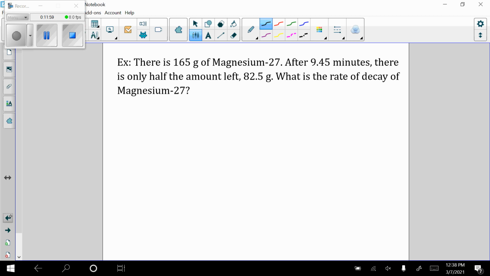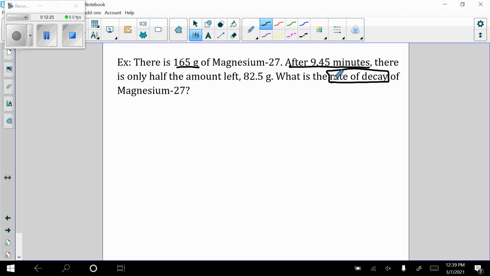Okay, so there is 165 grams of magnesium-27. After 9.45 minutes, there is only half the amount left, which is 82.5. What's the rate of decay? So remember, I should get a negative value when I solve for that exponent.